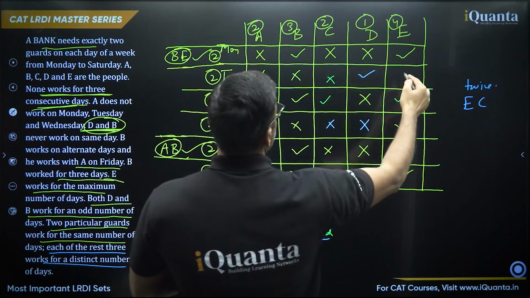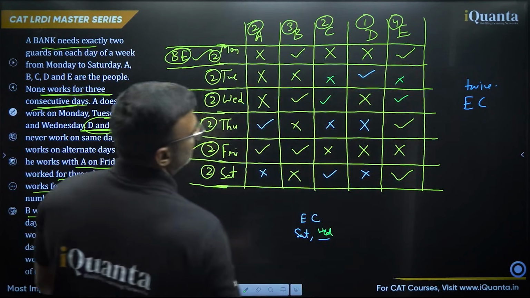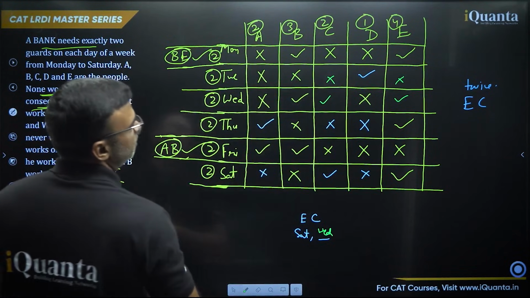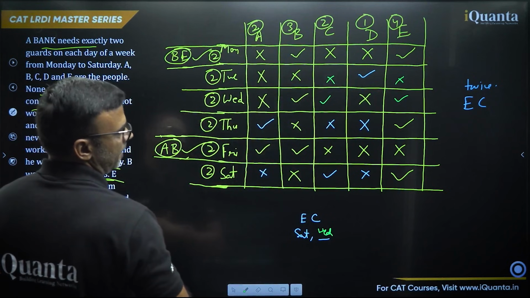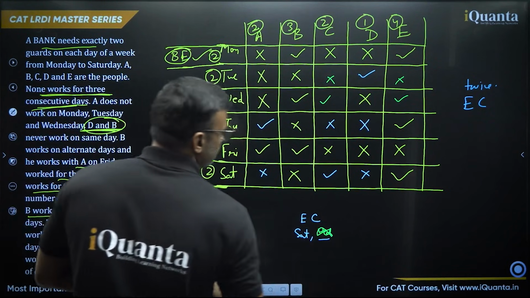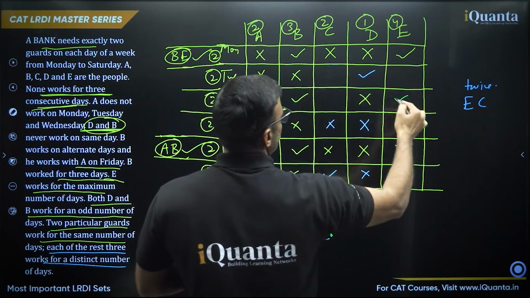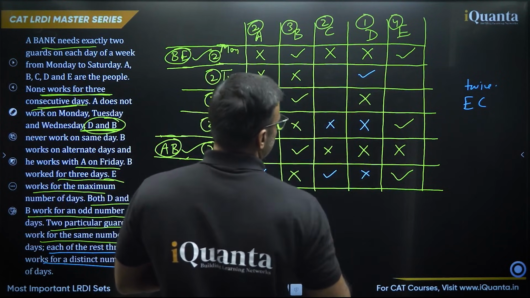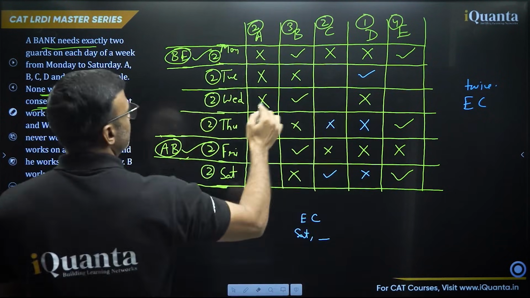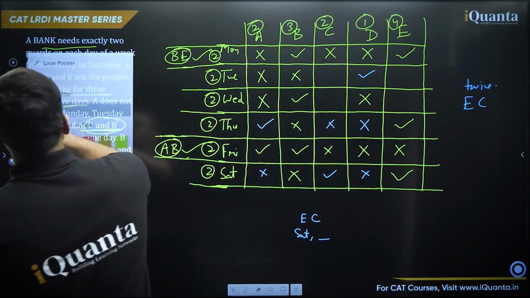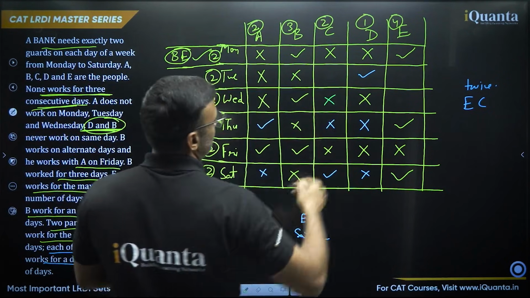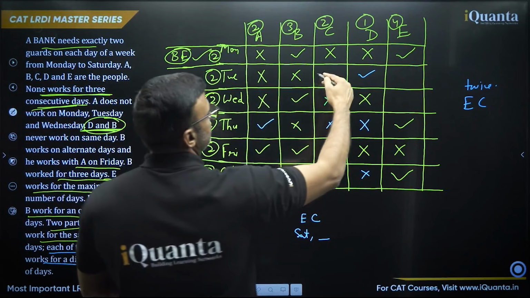E cannot work on Tuesday because his 4 days are completed. The problem is, Tuesday's 2 people will not be completed. Nice. So this Wednesday is wrong. So if Wednesday is wrong, remove it. What else can we do? Wednesday is wrong. So the last option that we have is Tuesday.